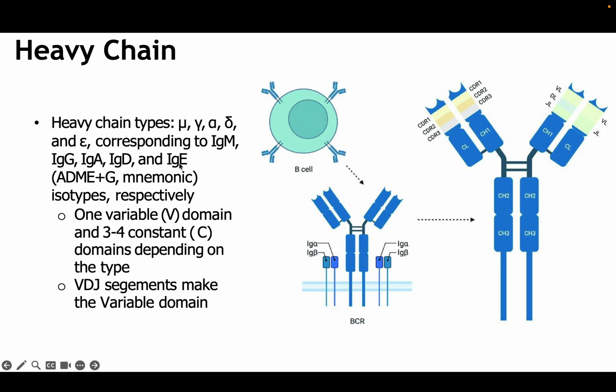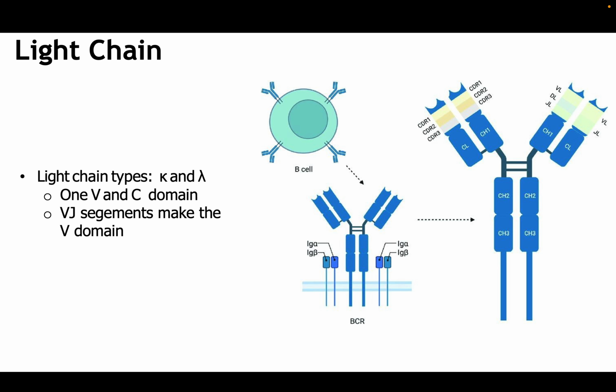We use this mnemonic where the Greek alphabet denotes the English alphabet. So if someone asks what determines the isotype of the antibody, it's the constant region of your heavy chain, because they can be IgM, IgG, A, D, and E. They really can tell you a lot about an antibody. We will be talking about that later.